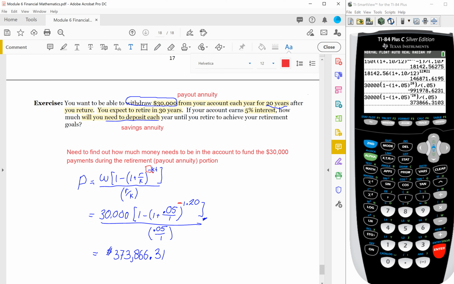This is the amount that is needed to fund the $30,000 withdrawals each year.